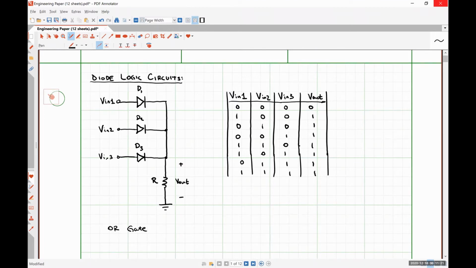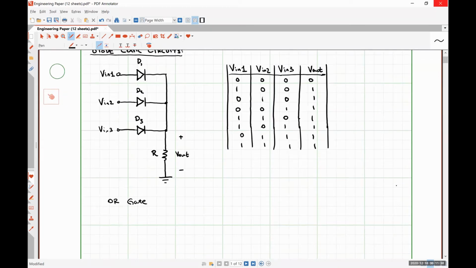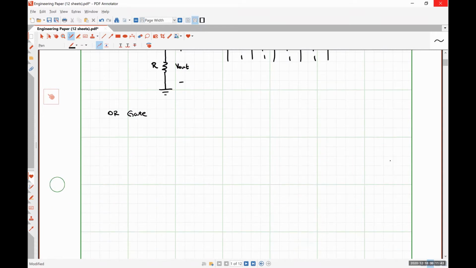So this is a simple diode-based OR gate. We could expand it to an infinite number of inputs, and it would still behave in the exact same way. As long as one or more of the diodes is forward biased, our output goes high.